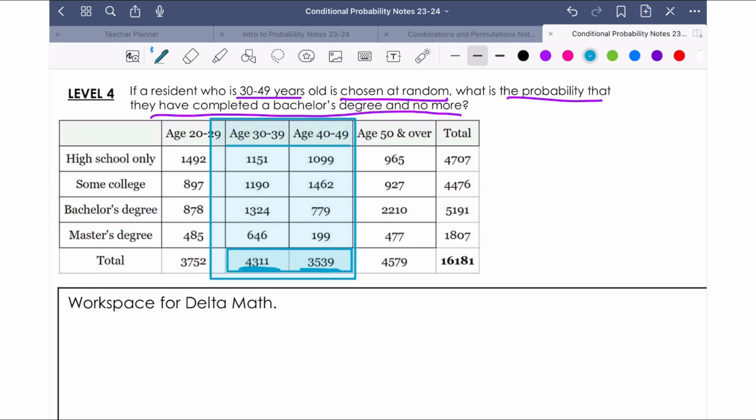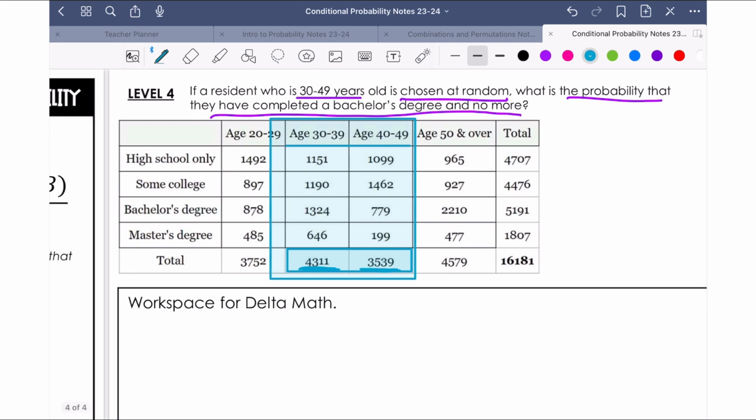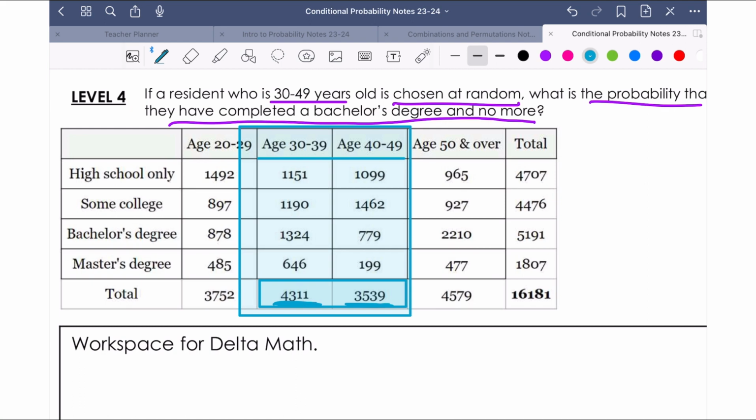What's the chance that they completed a bachelor's degree and nothing else, nothing more? So here's my bachelor's degree section. Okay, so we're looking at these 2 numbers. 779 and 1,324. All right. And so when you have more than one, all you have to do is add.